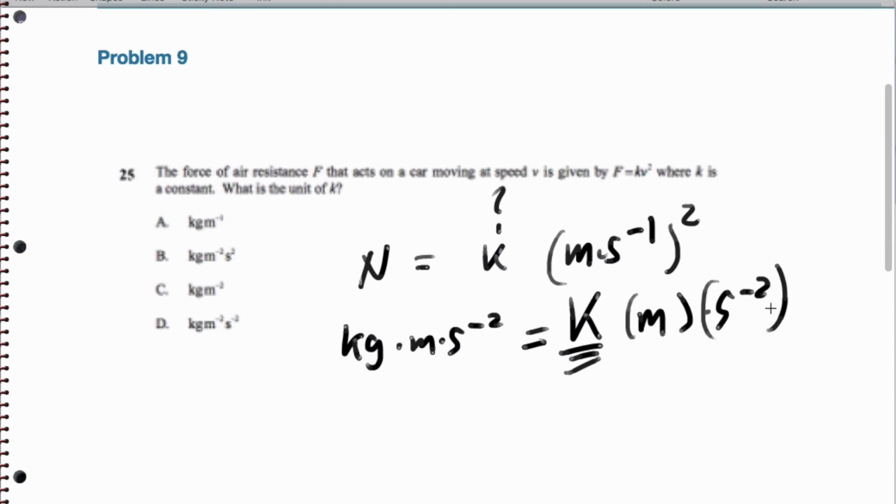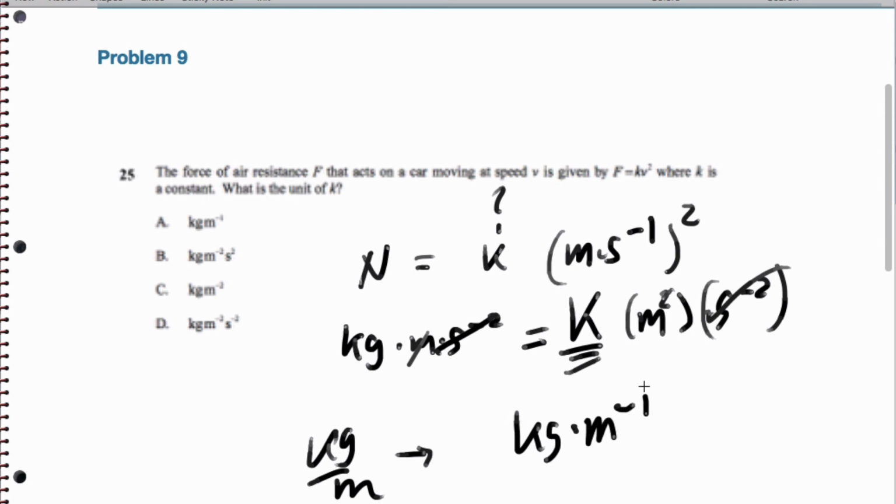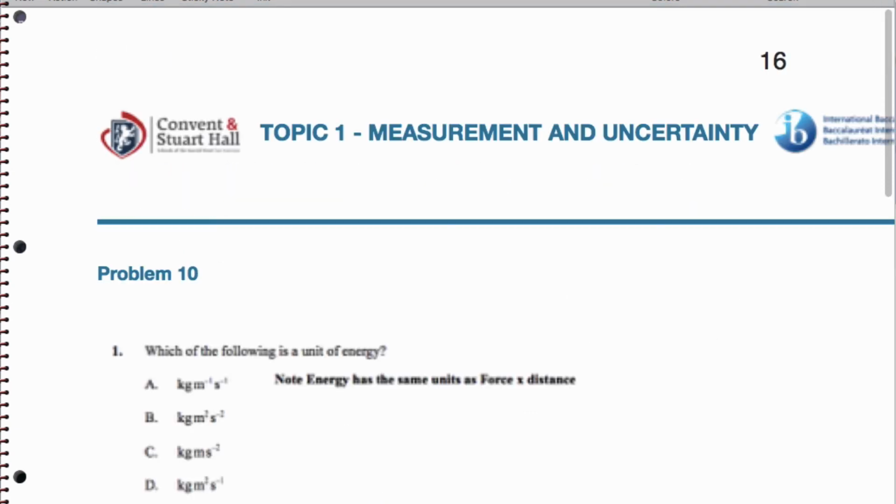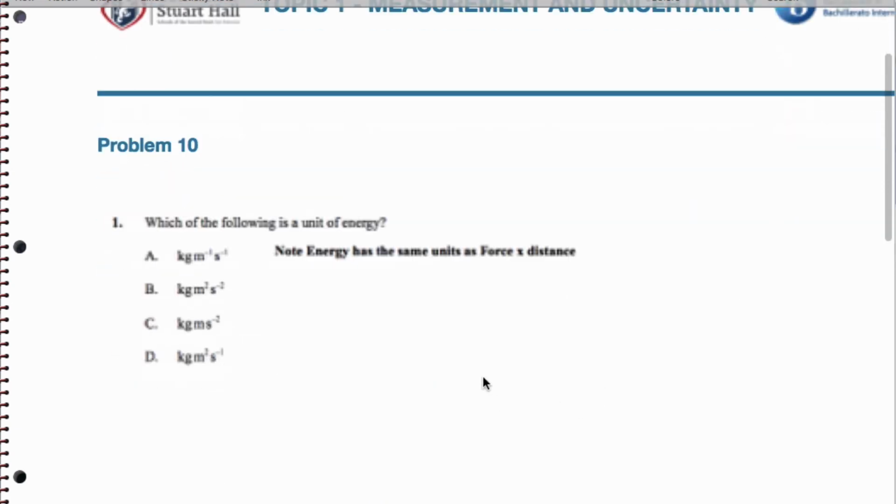And now we can actually cancel units on each side. Only one of these cancels. And so what we end up getting is that the units here are kilograms per meter, or rather to write it in IB notation, kilograms times meter to the negative 1, which is exactly choice A.